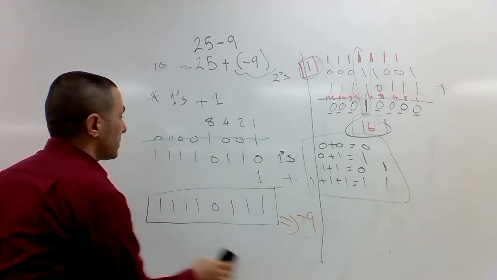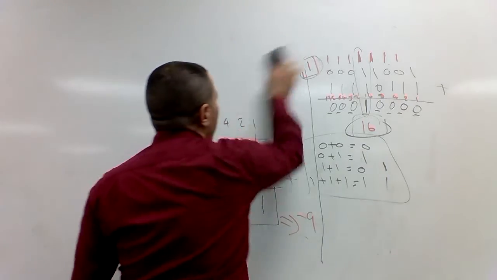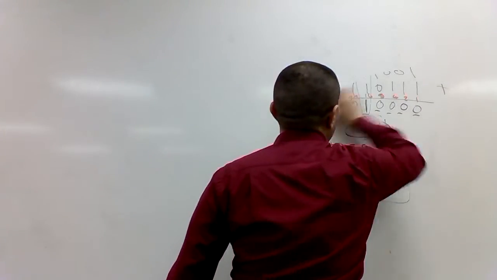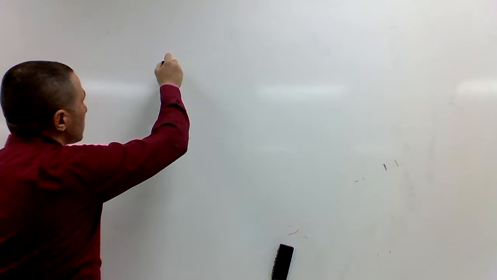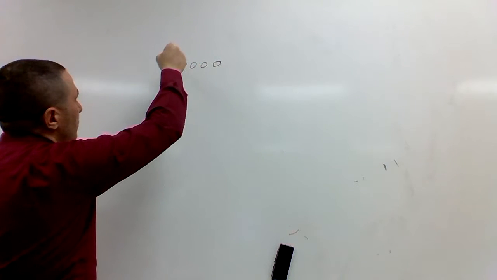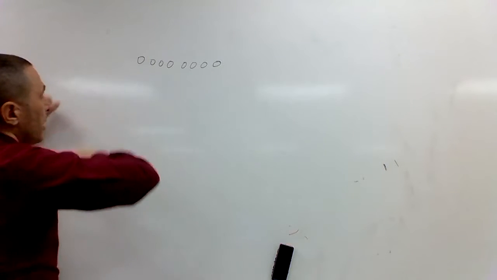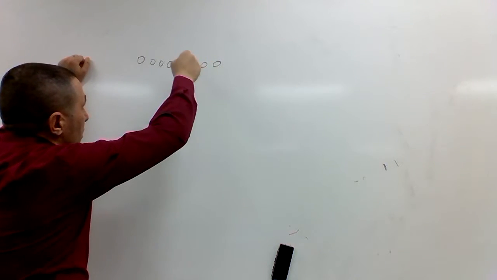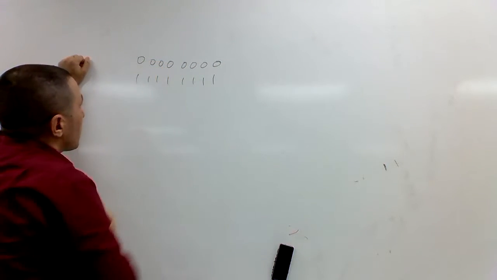I only have 8 here, and we'll talk later about the flag register. Now let's go to the problem of positive 0 and negative 0, which we had in the sign representation. Positive 0, with 8 bits, is all zeros, and here's negative 0.